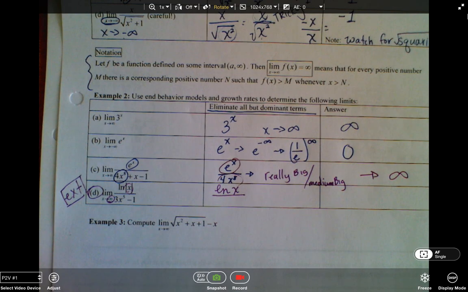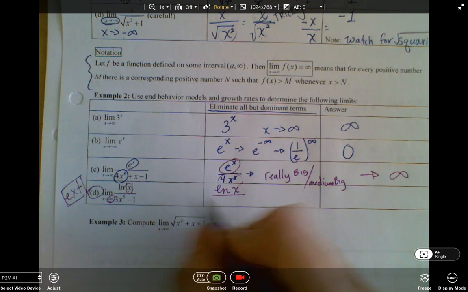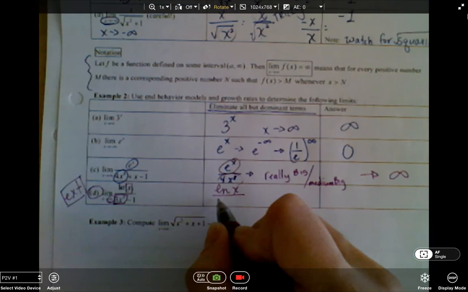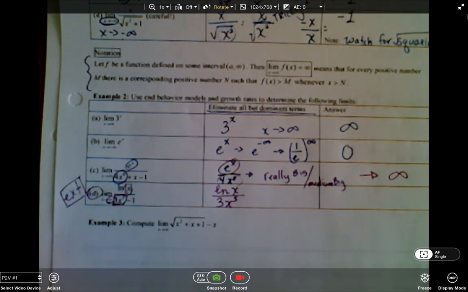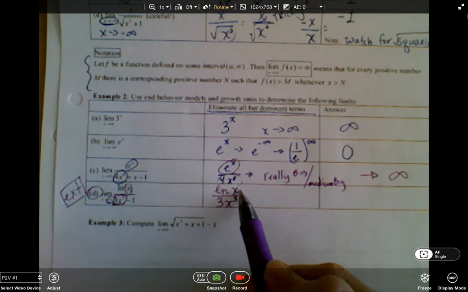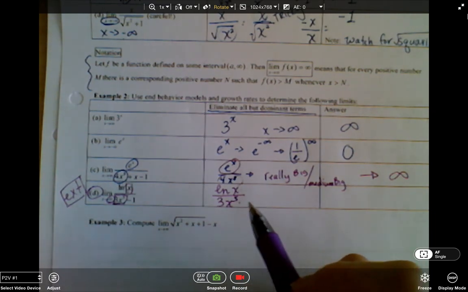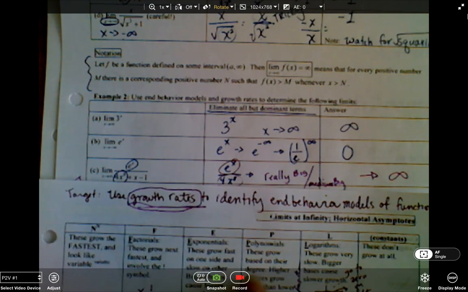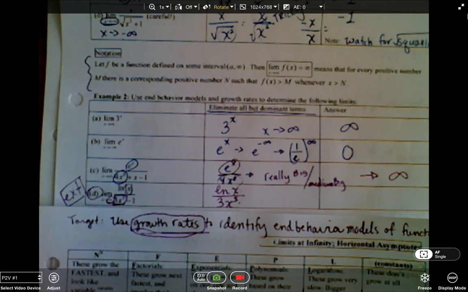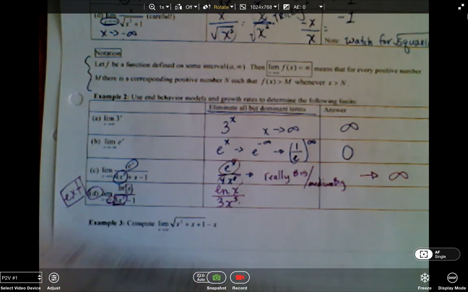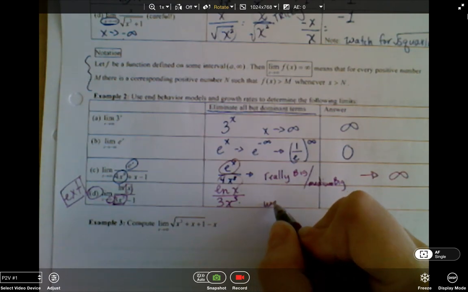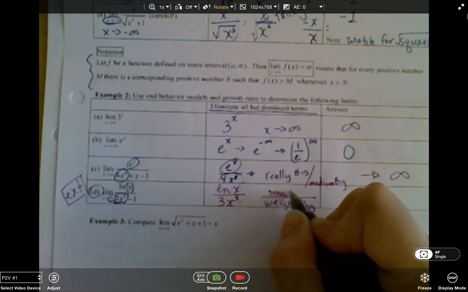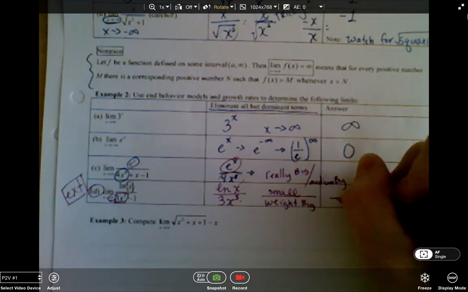Over, there's nothing left in the denominator except for this guy when I eliminate dominant terms, which means this guy's the one winning the race. You just need to know who's going to win the race, this guy or this guy. So we can go back to our notes from the last session. Logs fall over here on this end, and then polynomials here. So the guy in the denominator is winning the race. So we're ending up with our weight being big down here and small up here. And again, anytime you have a small divided by a big, you're going to end up going to 0.